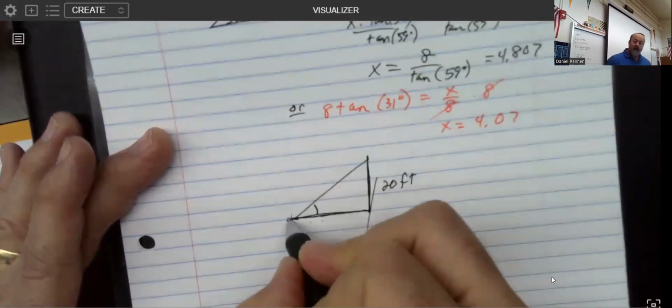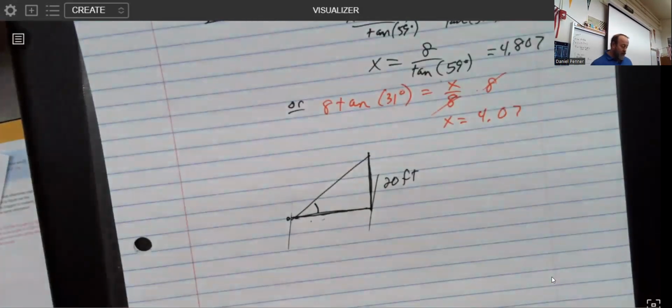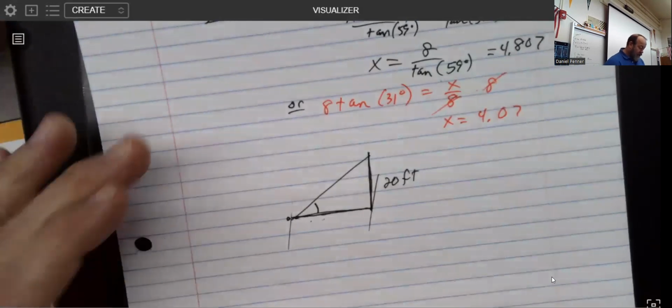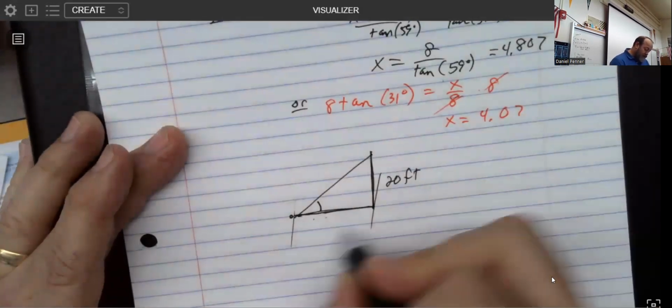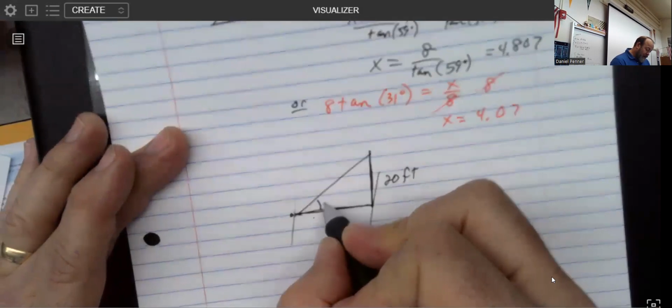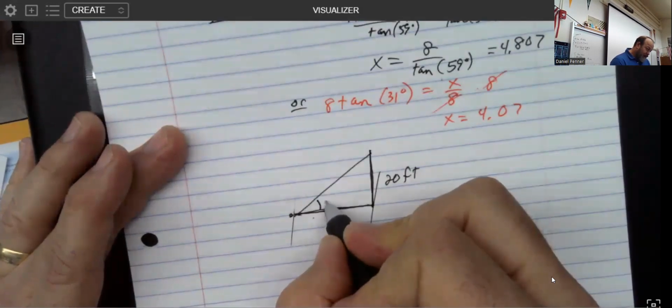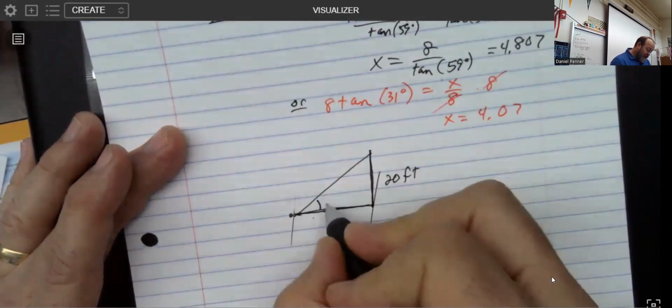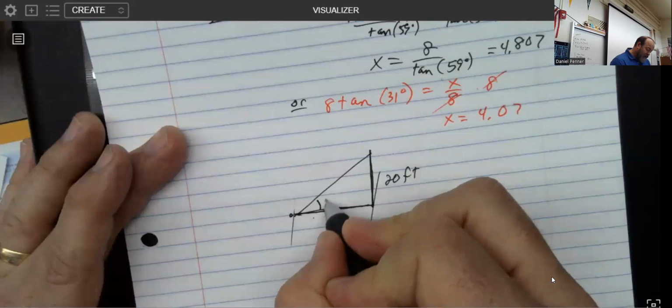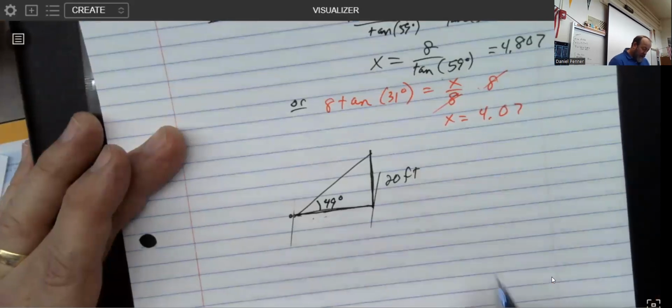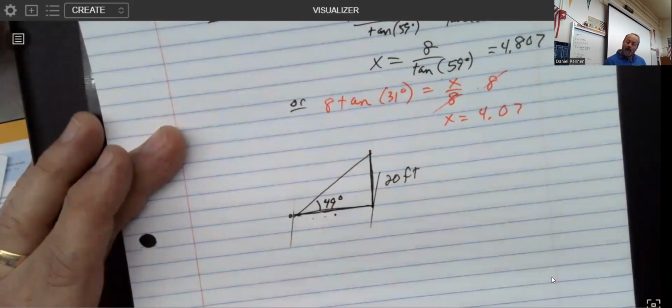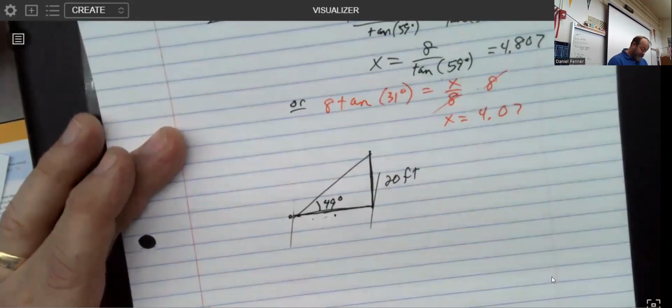I could put a little transit, is what you would call it, right here. And I know that when I measure this pole, it is actually, I'm going to go with the number, let's say 49 degrees. And I really would like to know how wide the creek is.